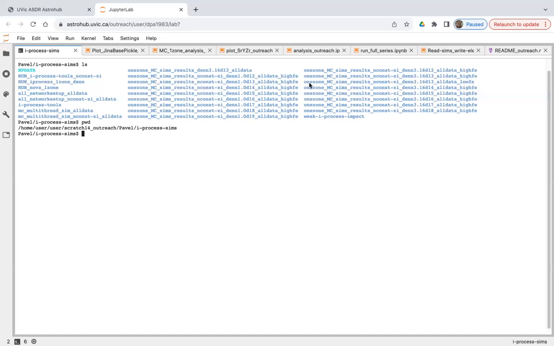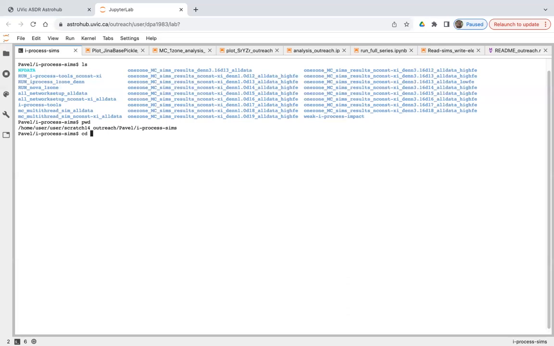I'm going to use this directory. All these directories, including this one, were filled with results using this Monte Carlo run directory, MC multithread sim and const xi data. I explained that to you last time.